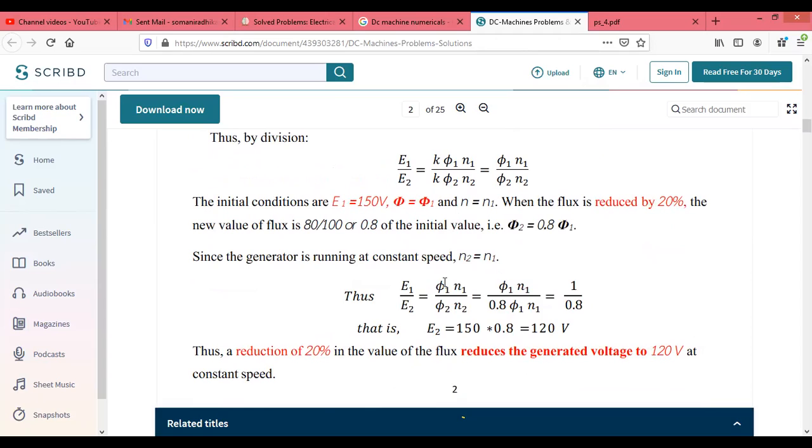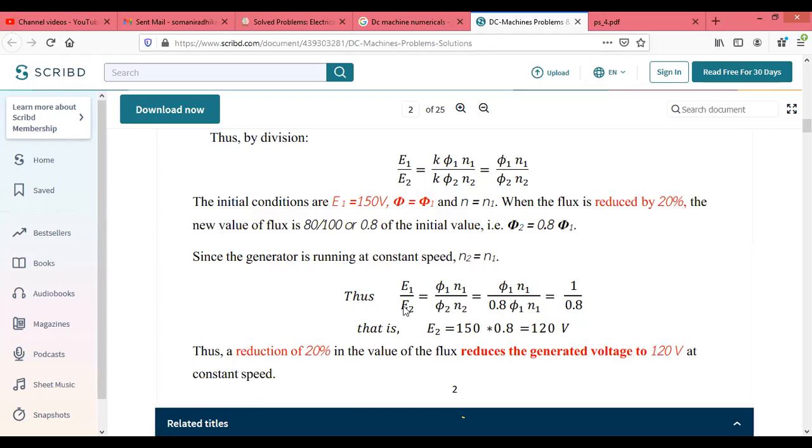So you will get the equation E1 upon E2, which will be 1 upon 0.8 because these things will get cancelled. If you solve, you will get E2 equal to 150 into 0.8. When you have E1 upon E2, you can convert that equation to derive the value for E2.